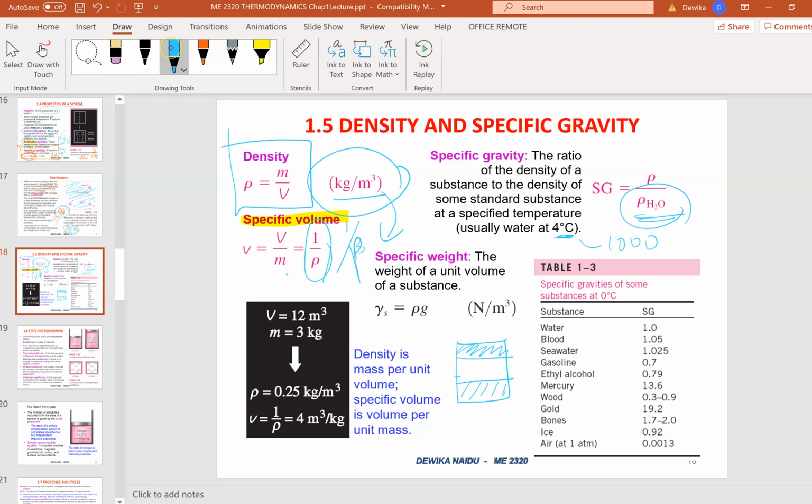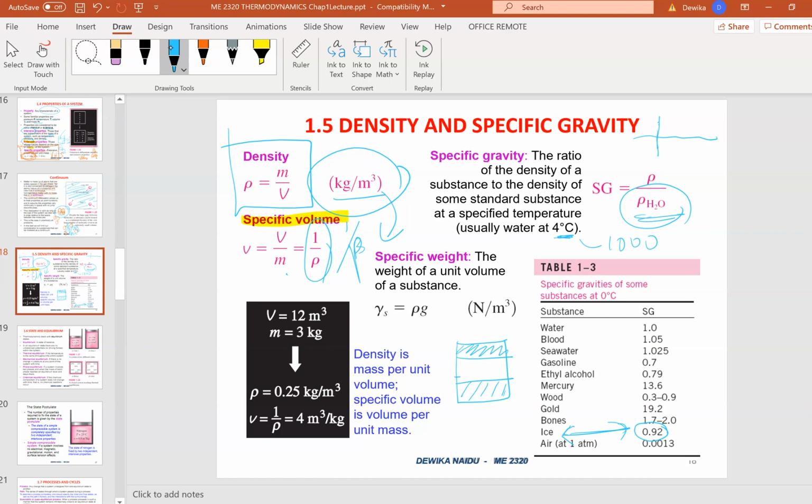Now let's look at ice. Wow, 0.92. What does it mean? God is always great. So God has created that the ice, which is from water but in solid phase, actually has a specific gravity of 0.92. So which means if you have water, if you drop an ice, the ice will be floating.